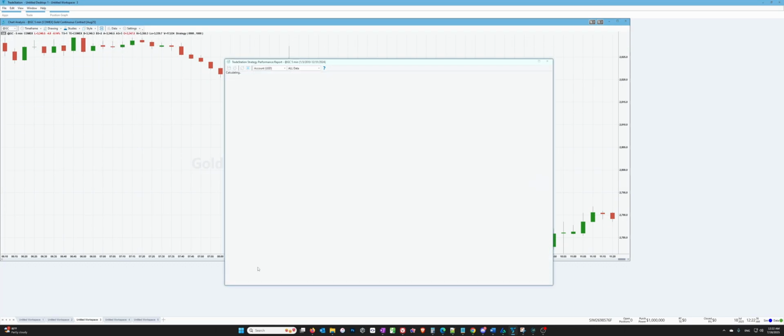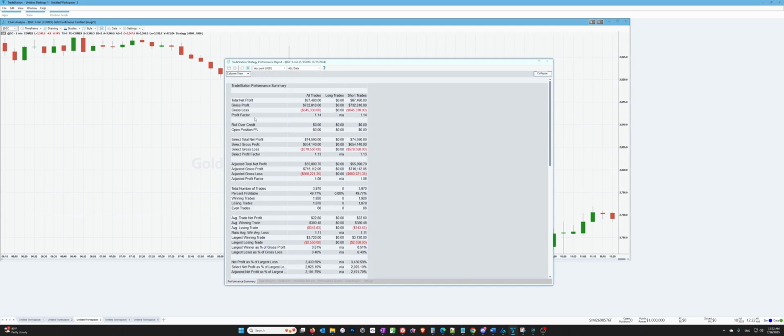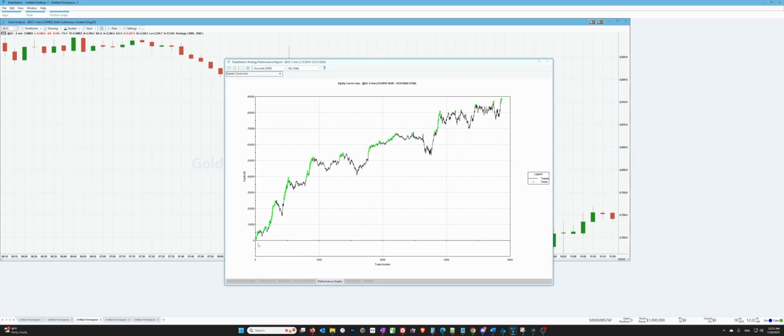If we look at the performance report, what you'll see is that we are technically profitable, but barely. You have a profit factor of 1.14, which means you're barely making money. You can't trade this strategy because it's so low. If you look at the equity chart, you have a lot of ups and downs.